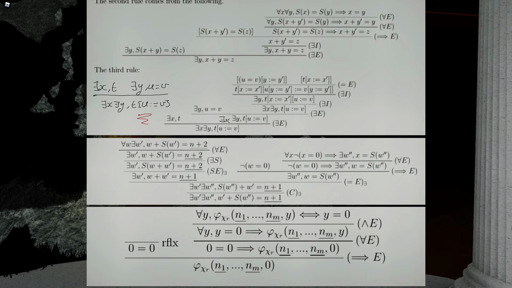If v contains x prime, and you get to the final exists y t, substituting u for v, then you've got an x prime at the very bottom of the second premise to existential elimination, but you're obligated to get rid of that x prime. Oh, I see. I think I see.